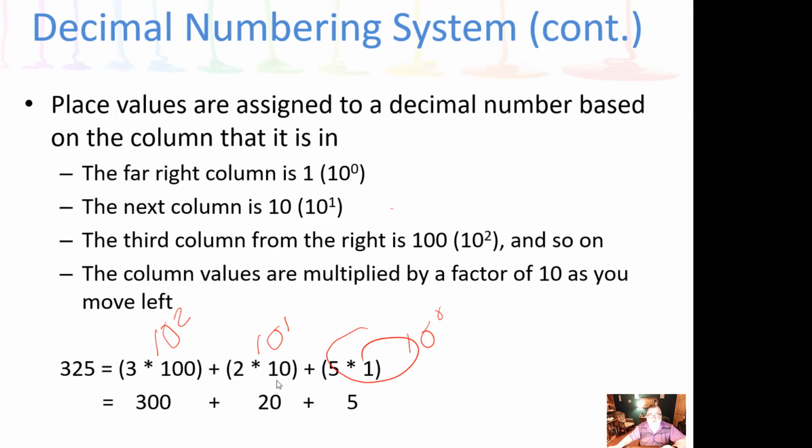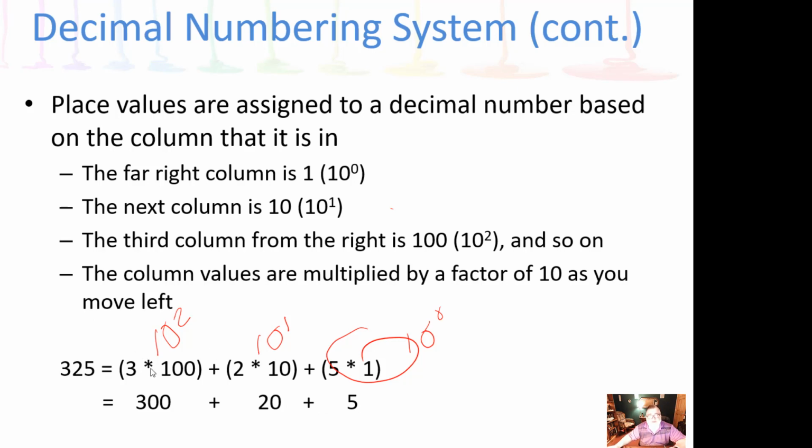2 times 10 is 20. 3 times 100 is 300. 10 squared plus 10 to the first plus 10 to the 0. And if there was another number, this would be 10 cubed and 10 to the fourth. But if I add 300 plus 20 plus 5, I get 325.